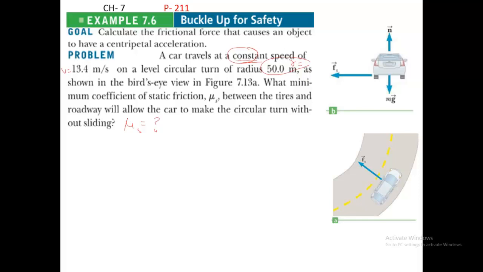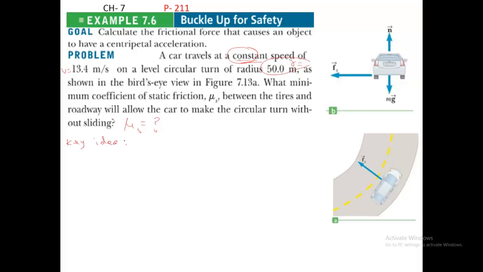You see, the key idea: we have discussed that whenever an object is moving in a circle, it is moving due to centripetal force, and that force is not an actual force, it is coming from some other source. So right now the force of friction between the tire and the road gives you the necessary centripetal force to take the turn.